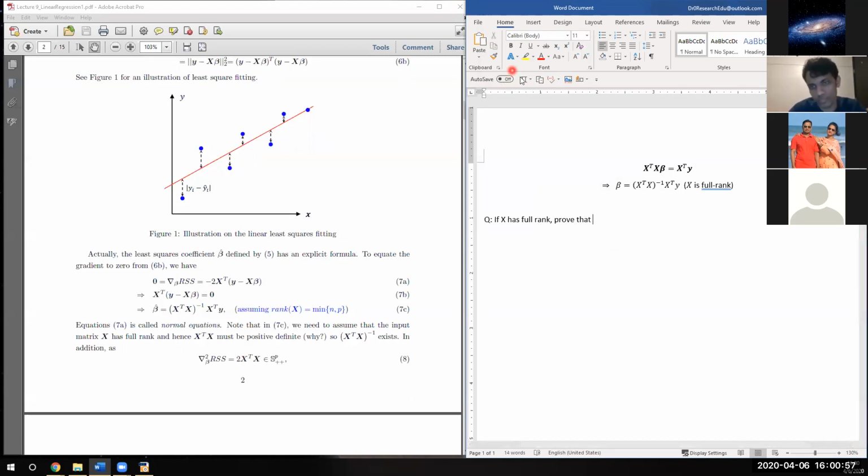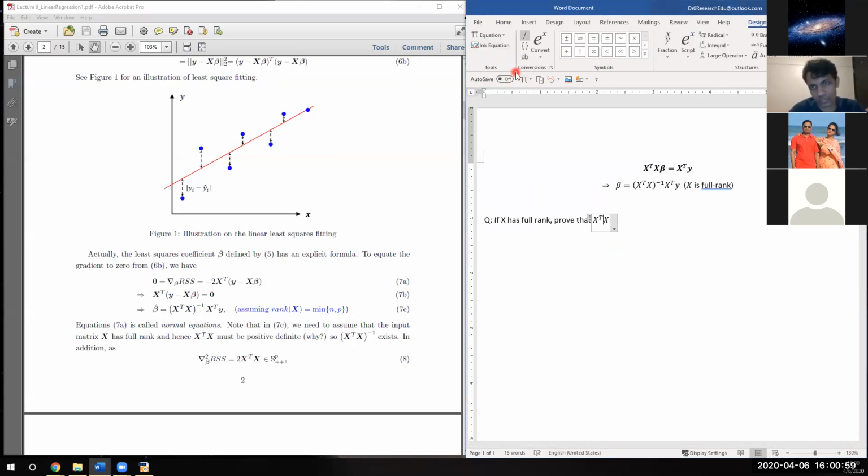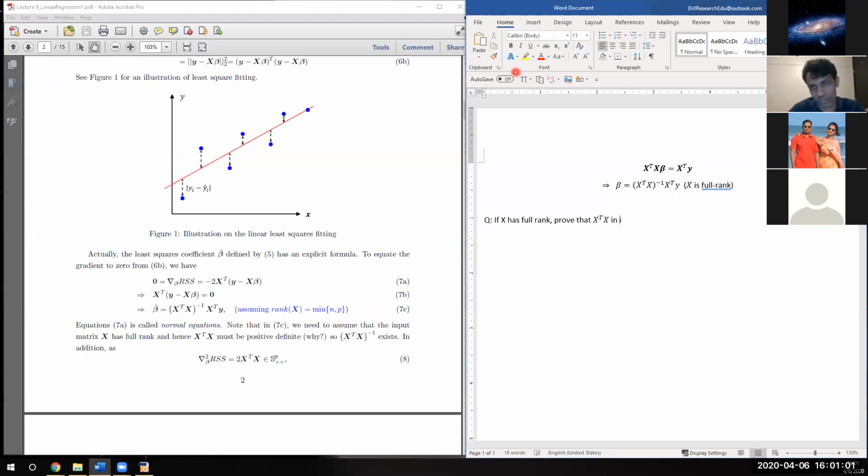Invertible means the inverse matrix exists. Okay, how do you prove it? Can we use eigenvalue decomposition to show that?